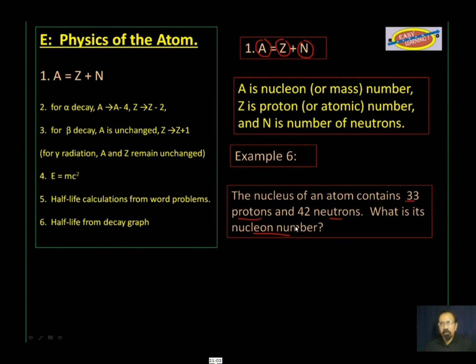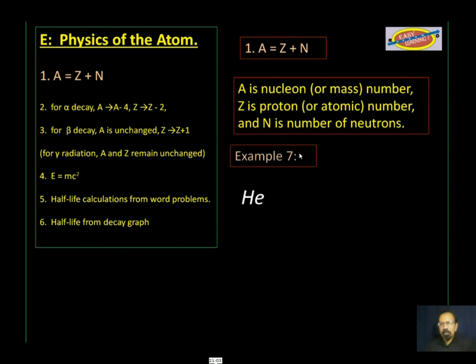Well, A is equal to Z plus N. So we know Z, we know N, we want to find A. A is equal to Z plus N, you just add them up and you get 75. So the nuclear number or the mass number of the element represented by that atom, whatever it is, is 75.